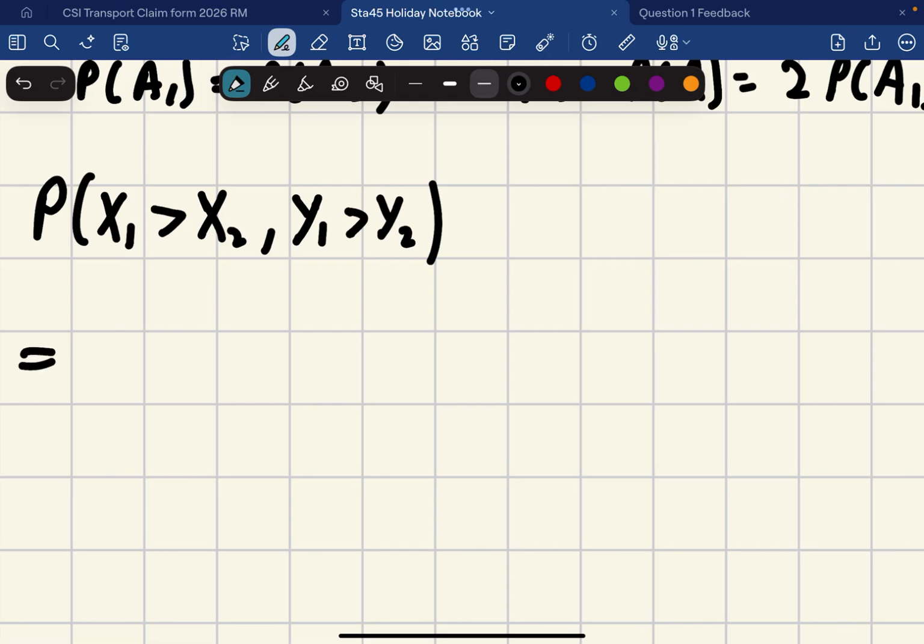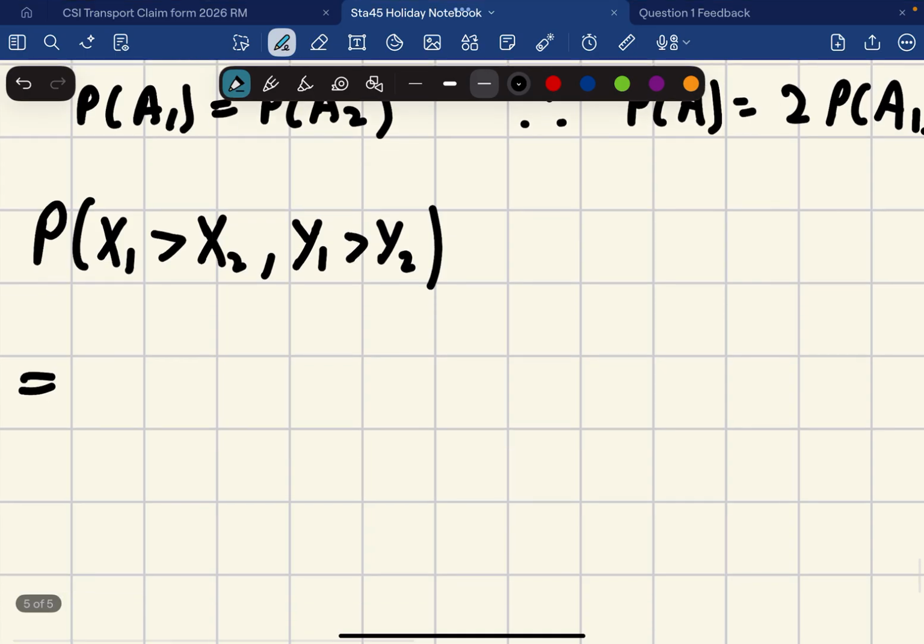We'll call this event A. No, it already has a name, right? It was event 2 or something, but it's not important.